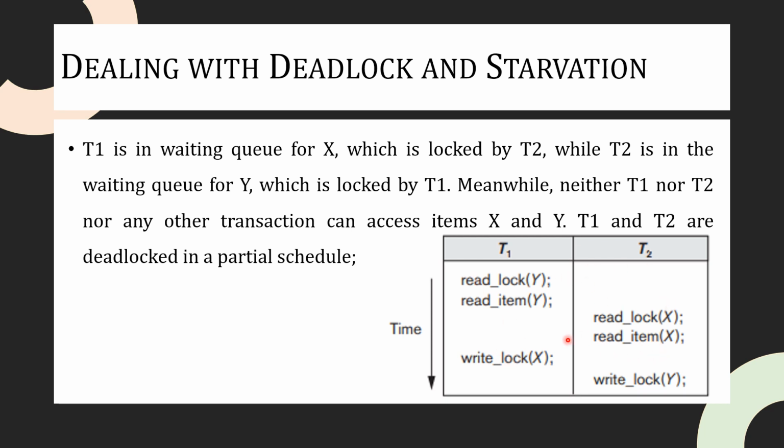So T1 and T2 cannot proceed without the items X and Y, so these two transactions are said to be in the deadlock condition.